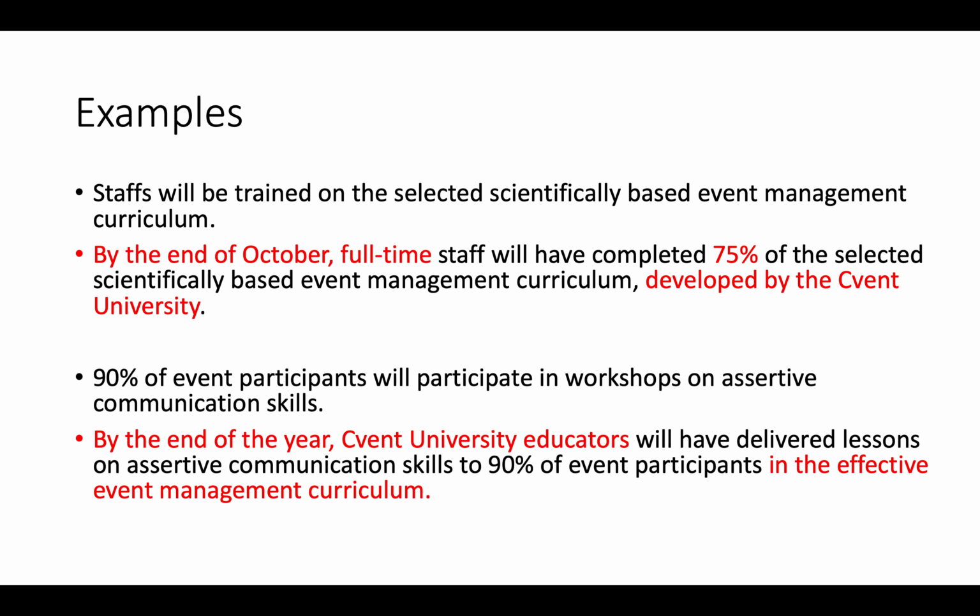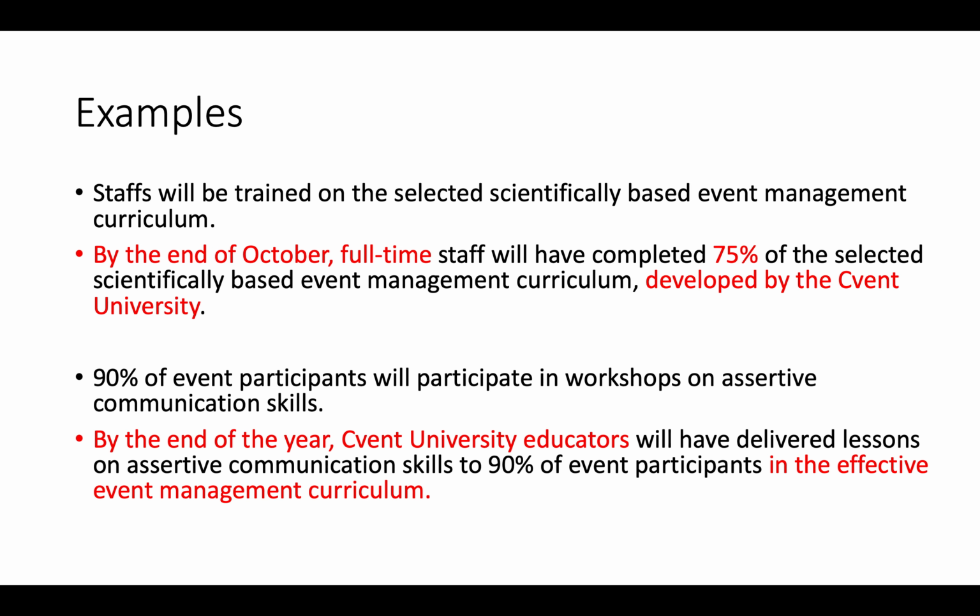To be more specific, we need to define the people as full-time employees. We have full-time employees who have completed 75% of the selected scientifically based event management curriculum developed by the CVent University. So we add the numbers and also we add more information to be specific.